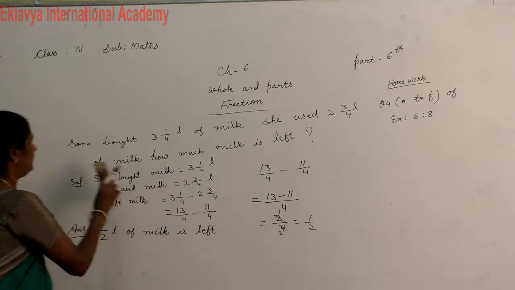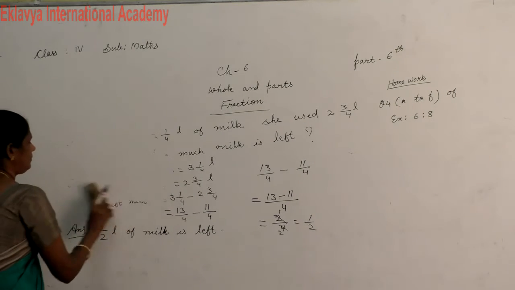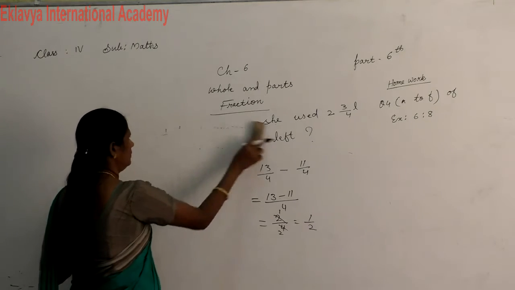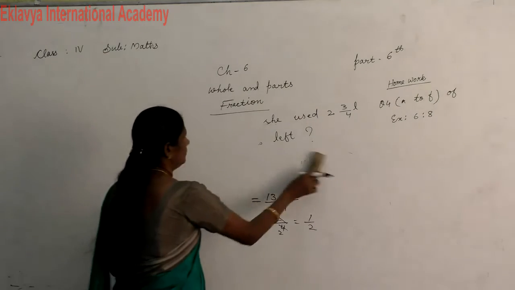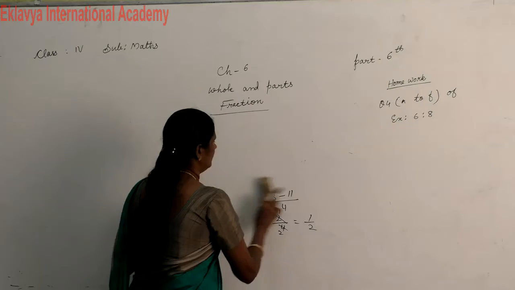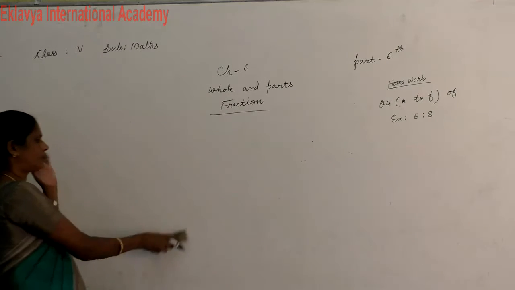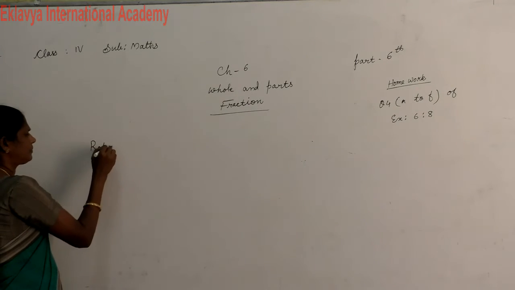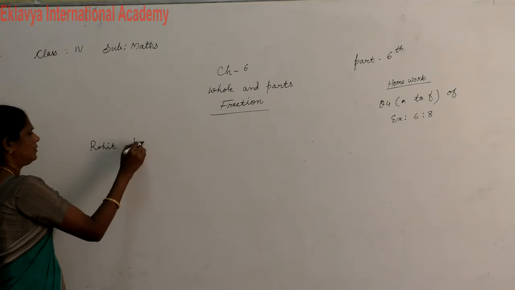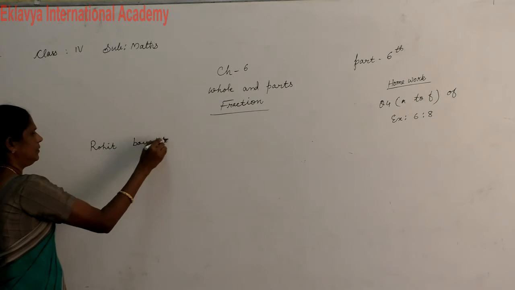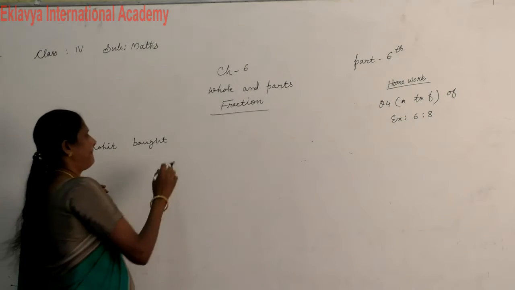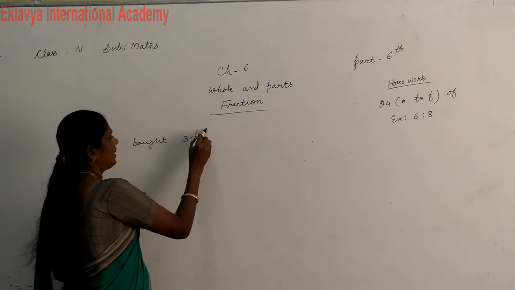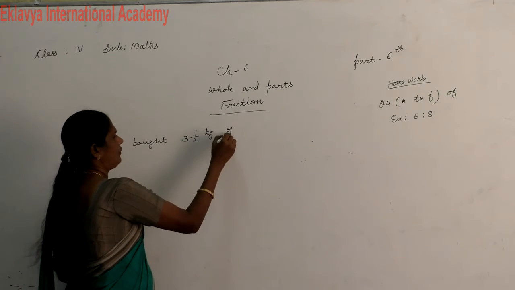Then next question. Rohit bought 3 1 by 2 kg of cake.